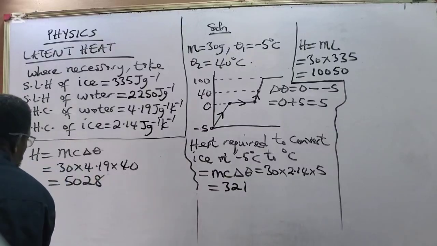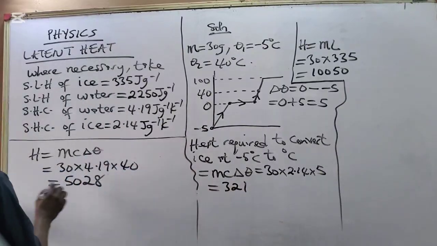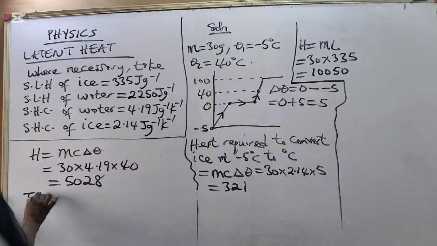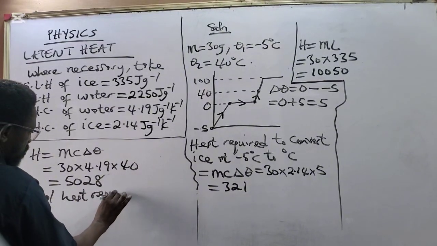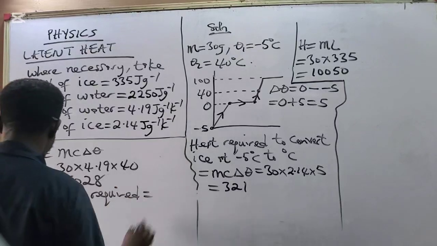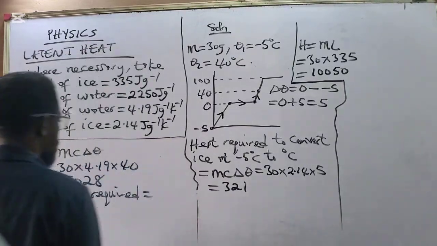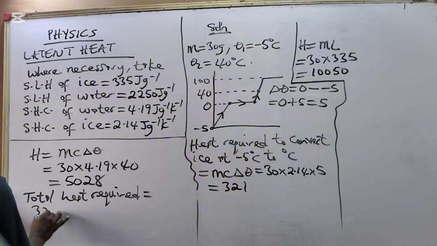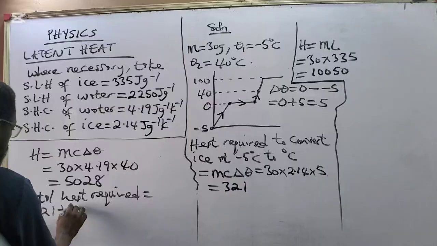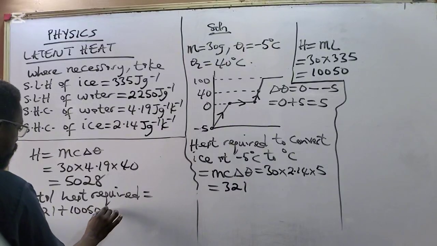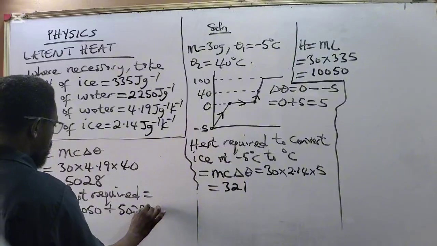So the next thing I'll do is to calculate the total heat required. The total heat required is obtained now by addition. So we have 321 plus 10050 plus 5028.